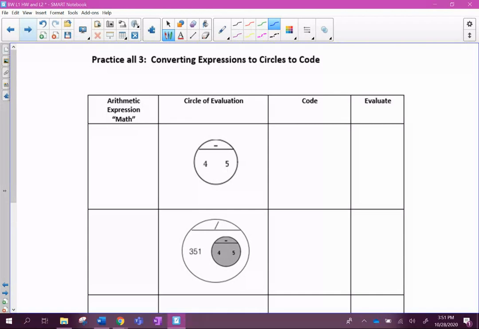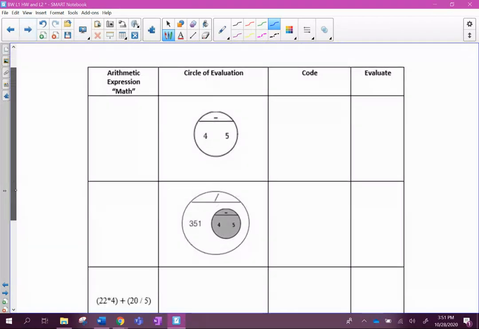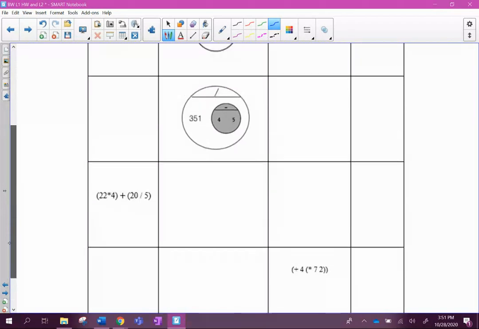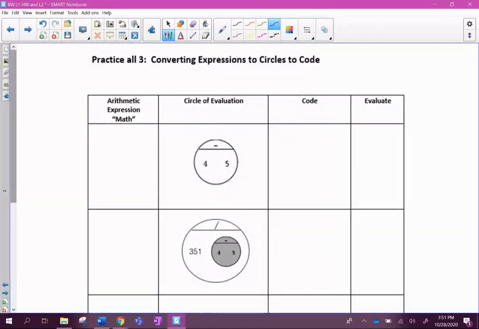So what we're going to do here is use the given information. Each one of these rows has something that's given to us, and we're going to use that to fill in the other parts of the row that are not given. In this first row, we have the circle of evaluation. So let's think about this in reverse. In typical mathematics, we usually see the operation in between the numbers.